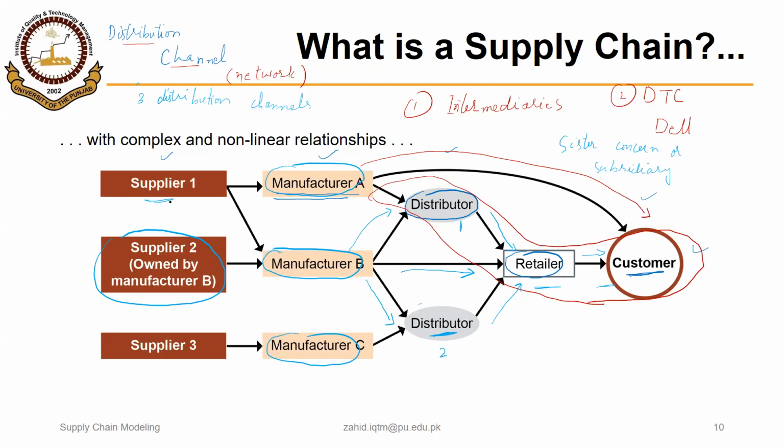They are independent organizations, but supplier 2 is not like that. That is the part of manufacturer B.